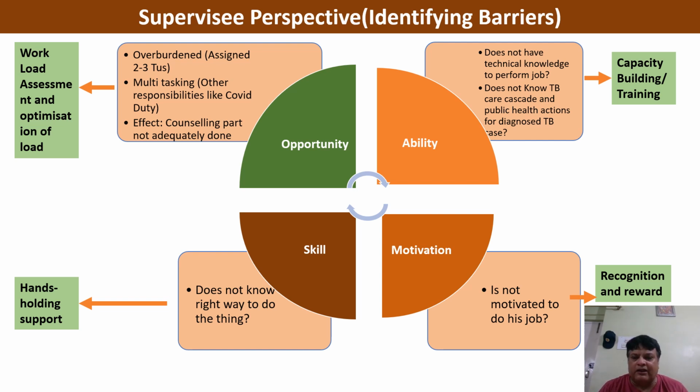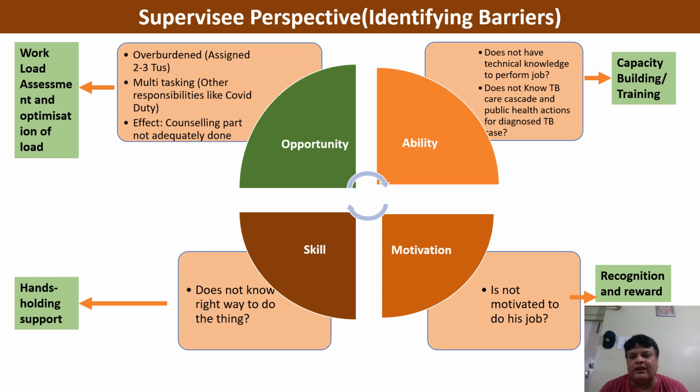So he does away with counseling and just dispenses the drugs, and the patient goes away, because each counseling session requires at least 15 to 20 minutes per patient. Because of the opportunity barrier, since he is overloaded, he is not able to do his job. So we have to do workload assessment and optimization of load.